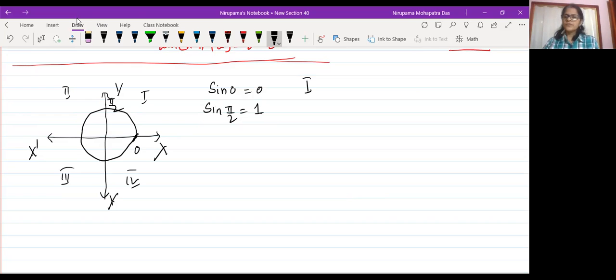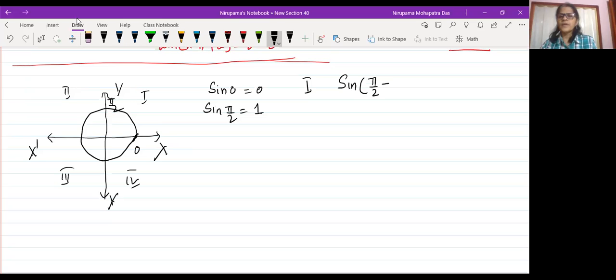But what about the other quadrants? If we go to the first quadrant, we know this thing: the first quadrant is between 0 and 90 degrees.